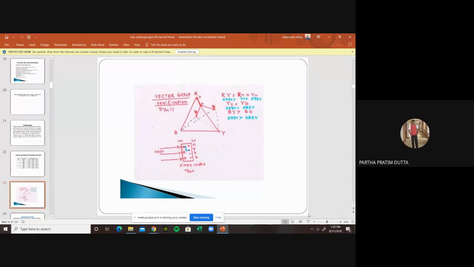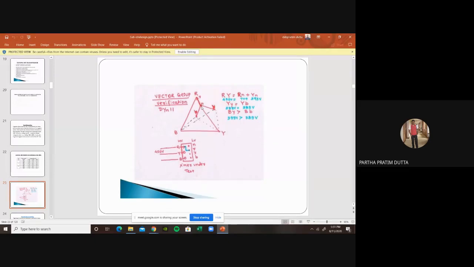If you see, we do the same thing. We put 12 volt in RY. Here I am showing you that RY is 400 volt, Rn is 7 volt, and Yn is 393 volt. If you add these two, it comes to 400 volt. But vectorially, if you put a certain voltage on RY, maybe 12 volt, there should be a certain voltage against Rn, phase to neutral, on the LV side. We measured that.